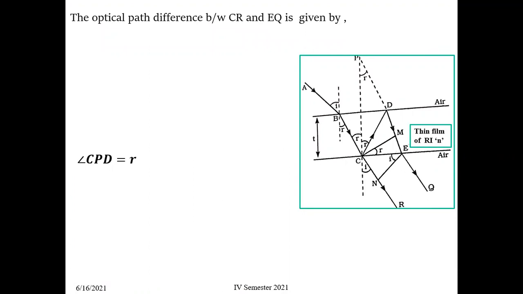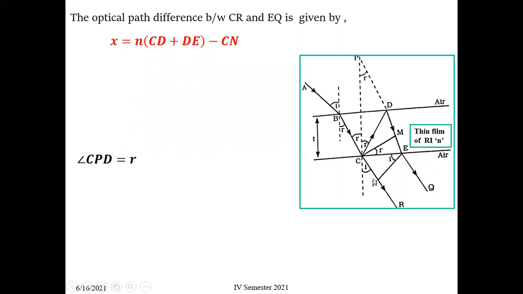The optical path difference between CR and EQ is given by the extra path traveled by the light ray EQ, that is CD plus DE, multiplied by the refractive index n of the denser medium, minus the extra path traveled by CR, that is CN, multiplied by the refractive index of air.